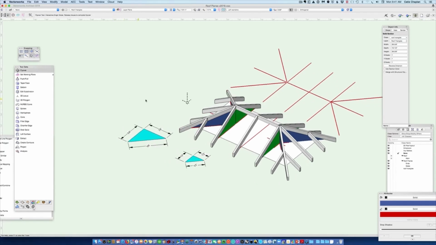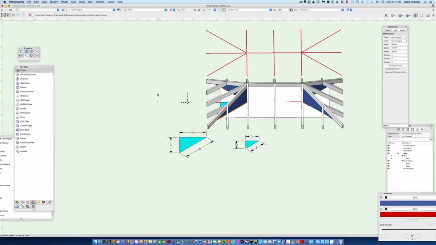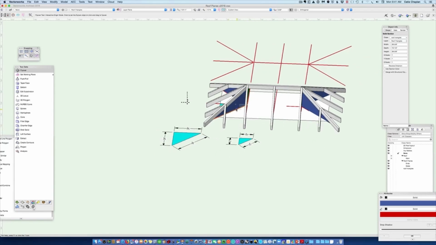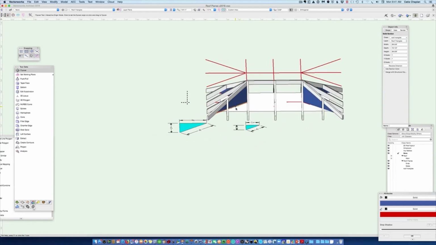So the hip's run is based on 17. The pitch is the same. If this is a 4 and 12 roof, this would be a 4 and 12 common, but it would be a 4 and 17 hip. If this were a 6 and 12 common, this would be a 6 and 17 hip.